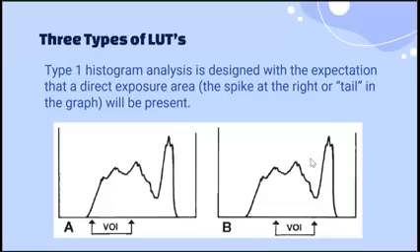Again, the first type of histogram analysis, or first type of LUT, is the one that expects a spike on the histogram. The data from this extraneous area, this area here, must not be fed into the LUT so that the computer must recognize the location of S2.